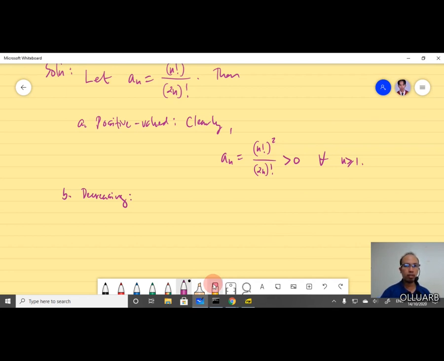For this, we cannot use method number 3 because we don't have a derivative for a factorial. We did not discuss that topic.